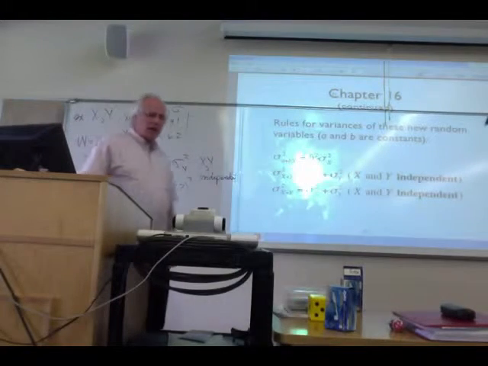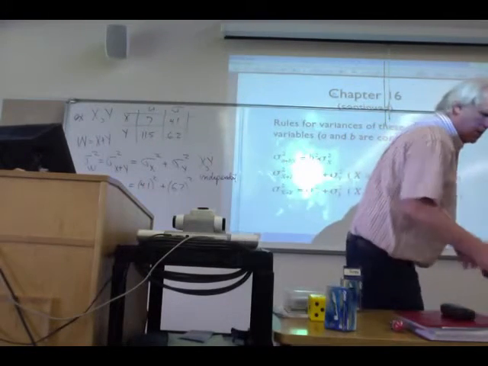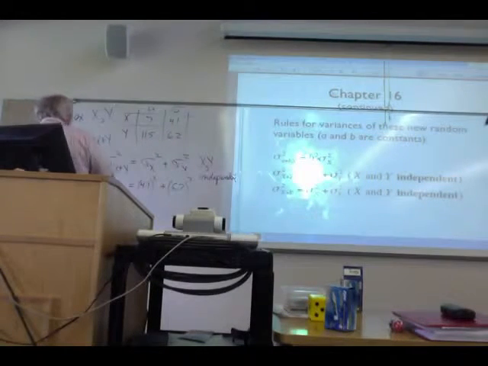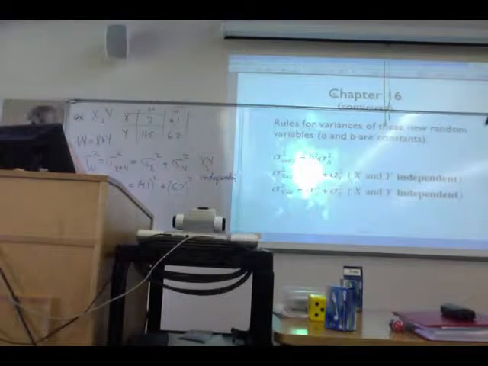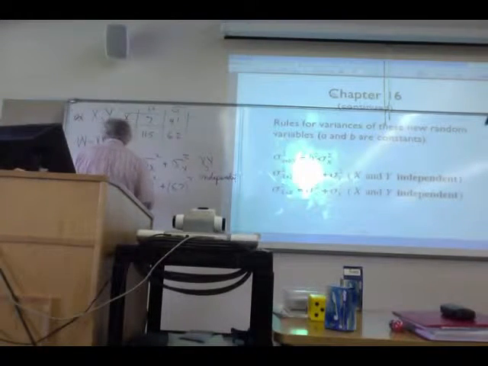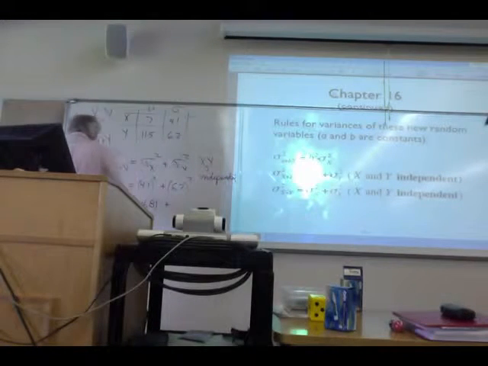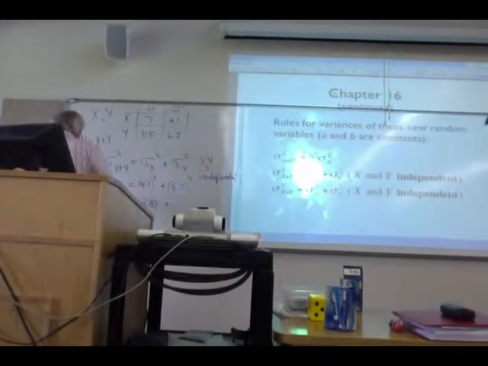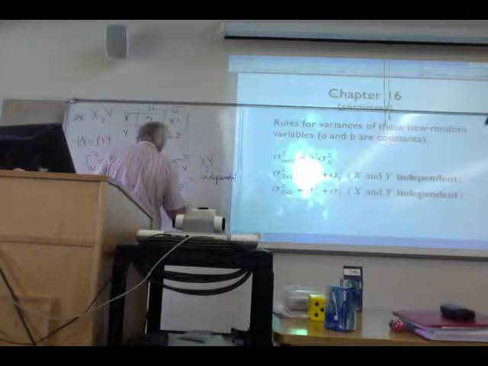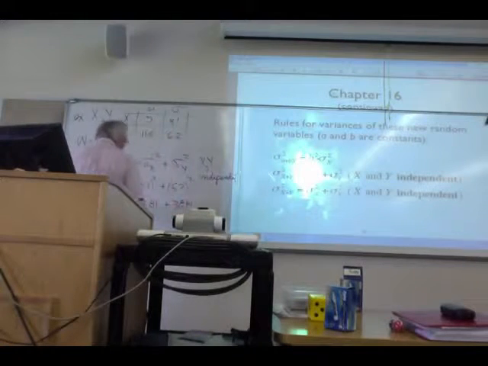And if I whip out my calculator, in this case, 4.1 squared is equal to 16.81. 6.2 squared is equal to 38.44.